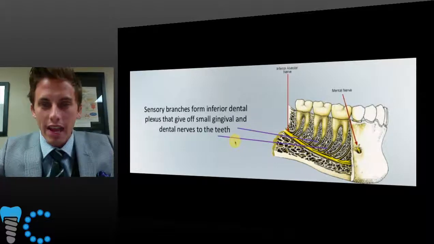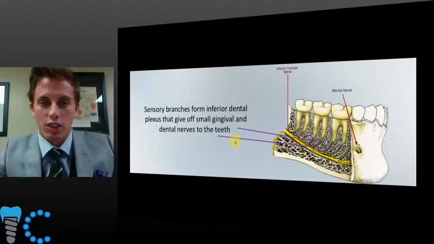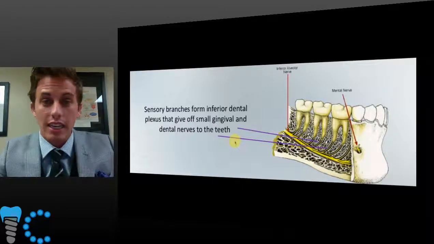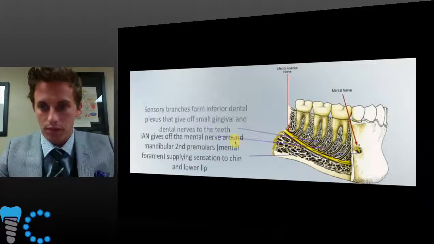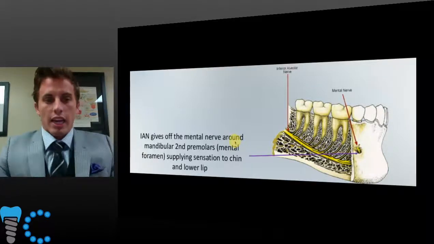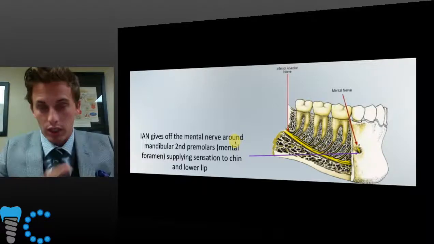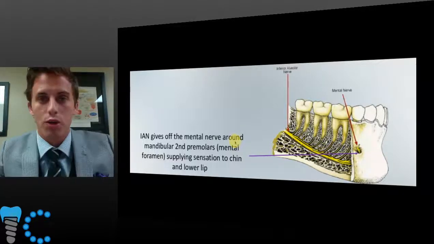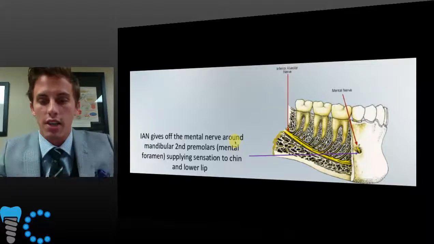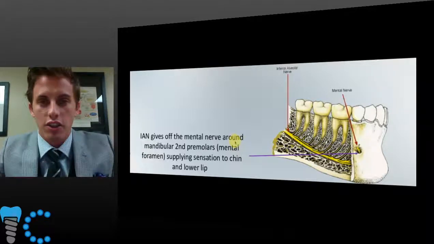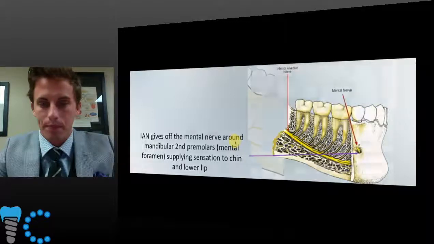We then have these sensory branches called inferior dental nerves, or a plexus, that provides the sensation to the gingiva and the teeth themselves. And once the inferior alveolar nerve leaves the jaw, it comes out of a foramen called the mental foramen, and this is where it's called the mental nerve. And this provides sensation to the chin and lower lip.